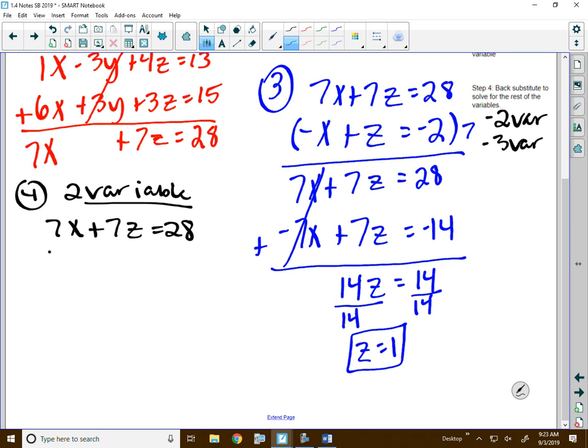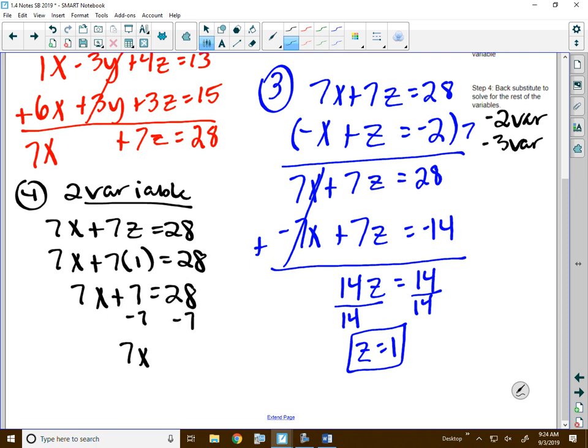So I'm going to plug in z. Plug that in, now I can solve for x. I'm doing that pretty fast because I know you guys already know how to get a variable by itself.